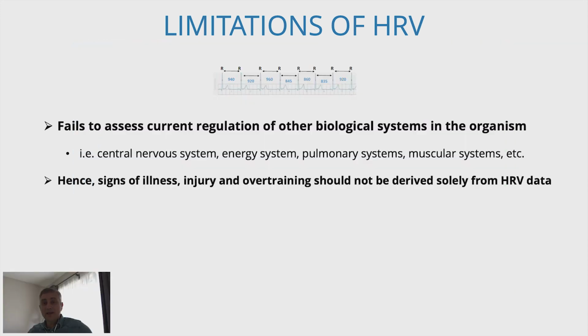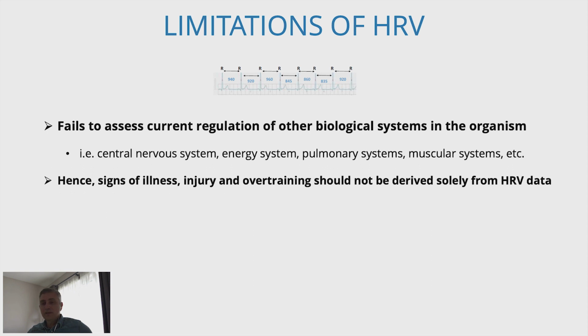Heart rate variability is great to measure autonomic regulation of cardiac muscle, but it doesn't give us a full explanation of the function of other major systems to create a full picture of adaptation.